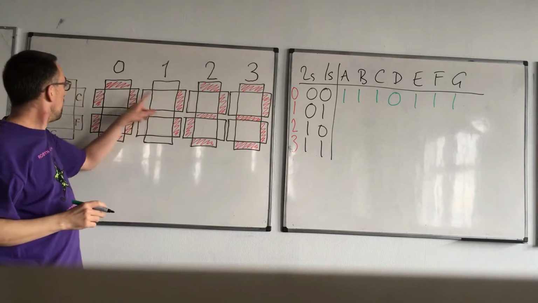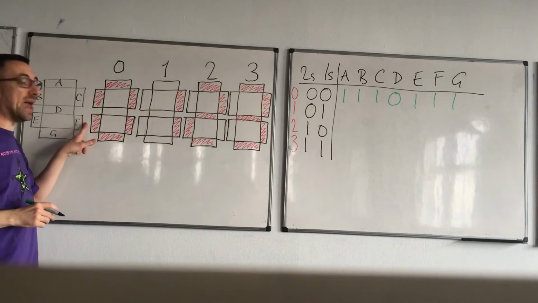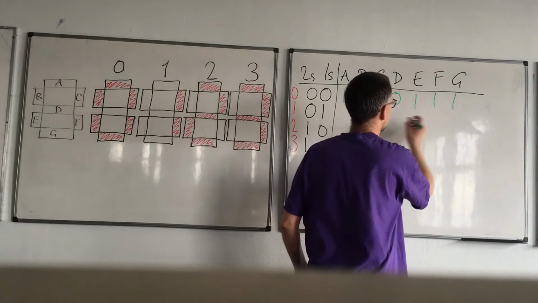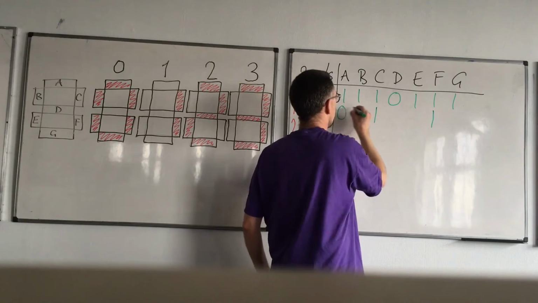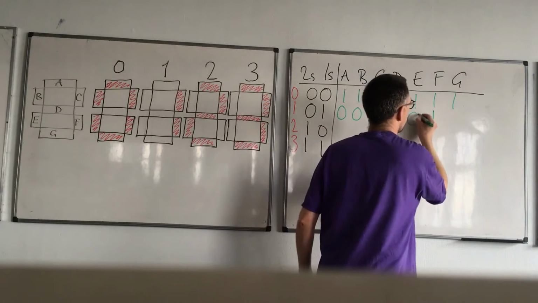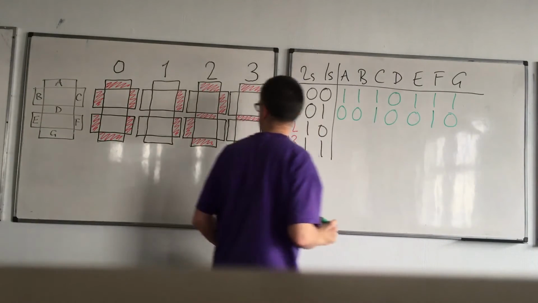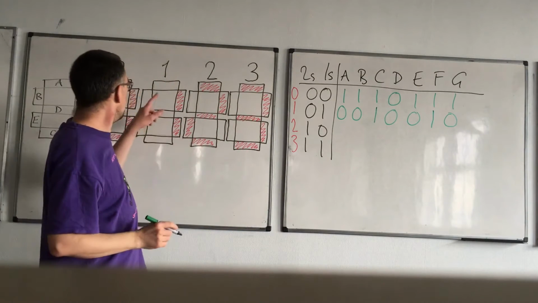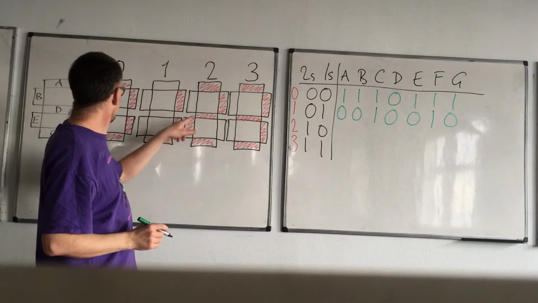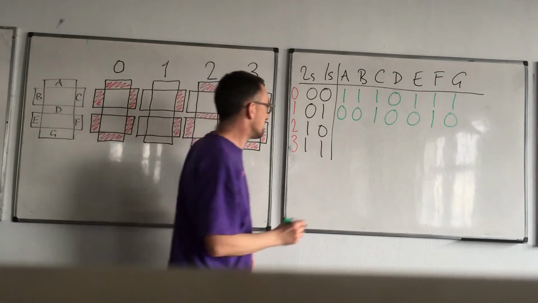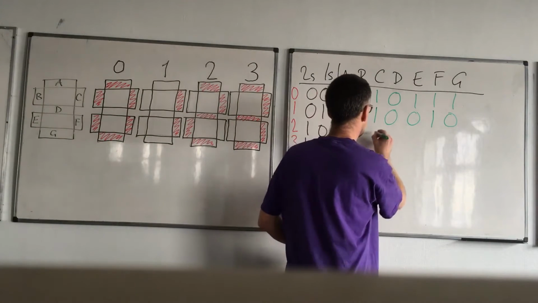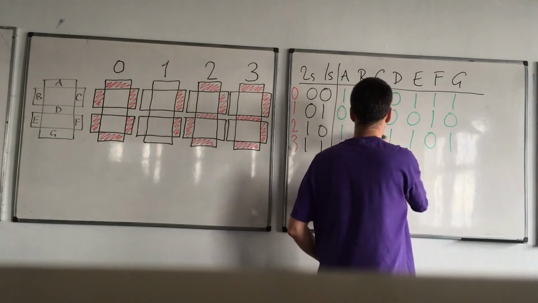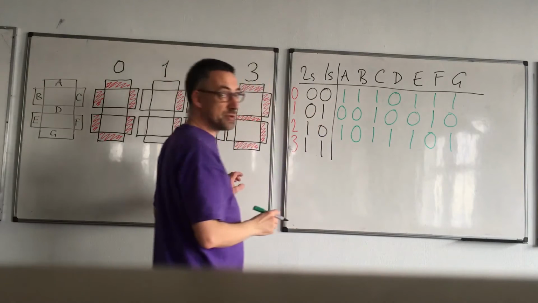For 1, only C and F are being displayed, and we have nothing everywhere else. For 2, we have A, C, D, E, and G, and zeros for the other 2.